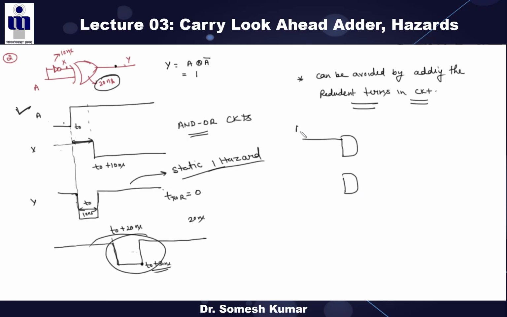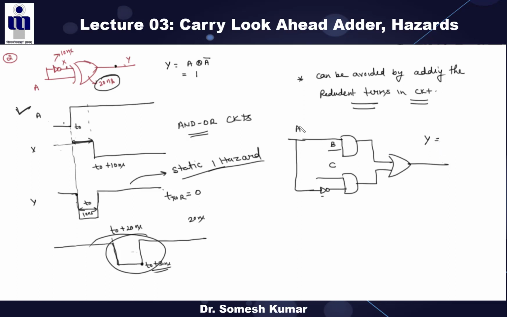This is A, we can say, and this is your B, this is your C, and here the NOT gate is Q, right? All this NOT gate and this AND have some different delays, right? And it is given to one OR gate, right? So this output must have some unwanted output or not?